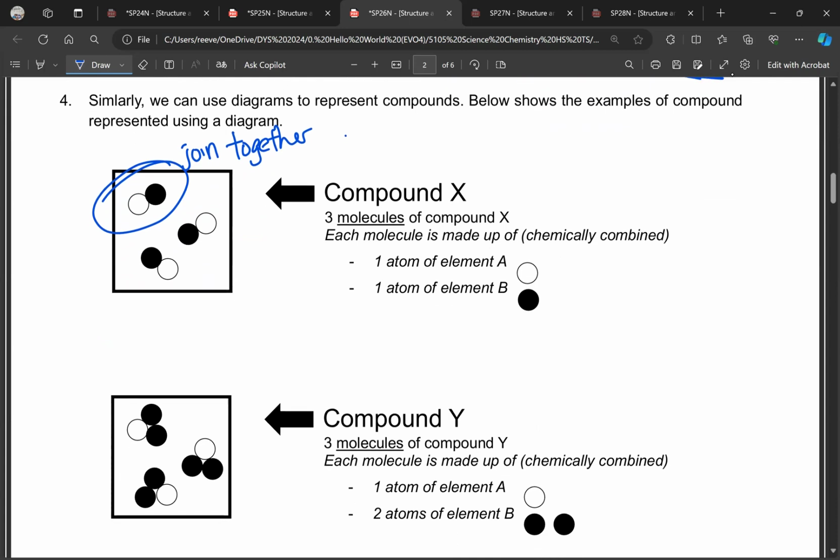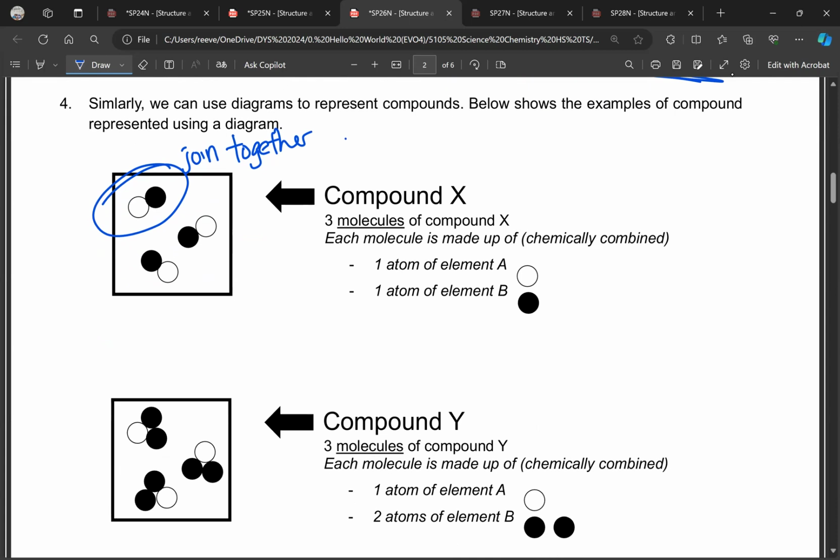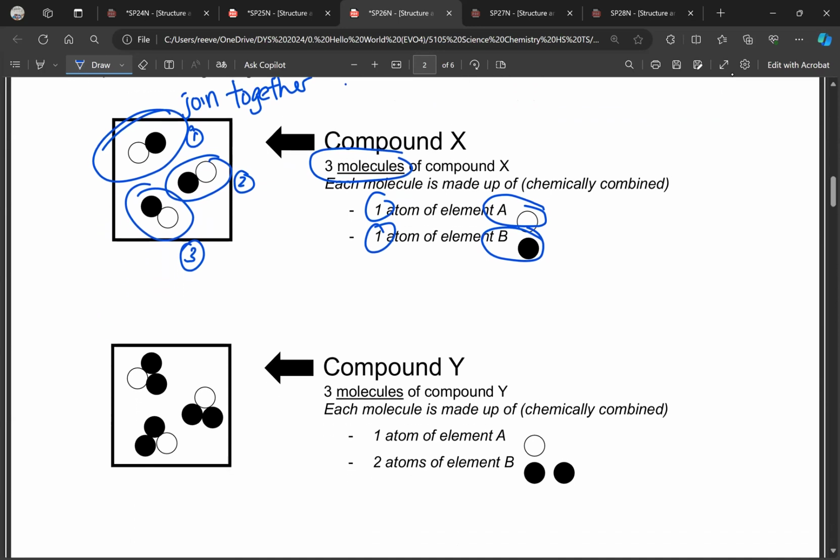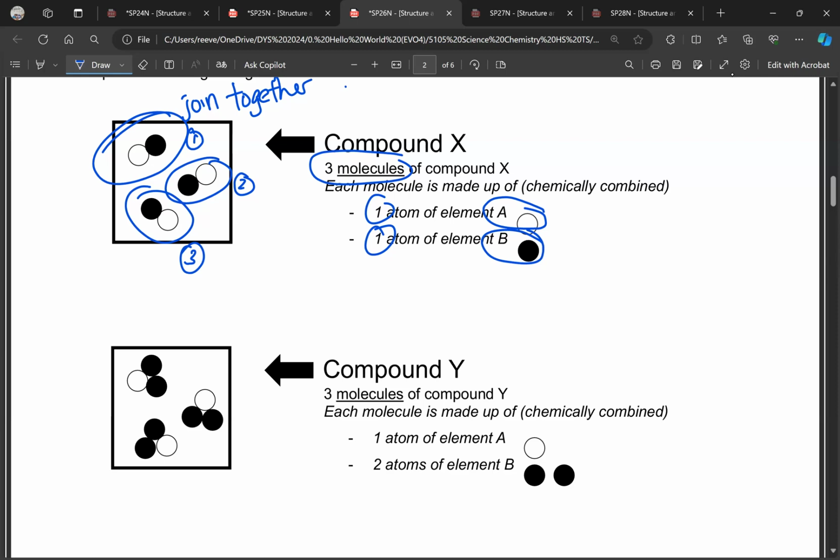In this compound, how do we get it? I get 1A and 1B to combine, and I have 3 molecules: 1 molecule, 2 molecules, 3 molecules. Any question? In each molecule, there's 1A, 1B, or in each molecule, there's 1 white and 1 black.